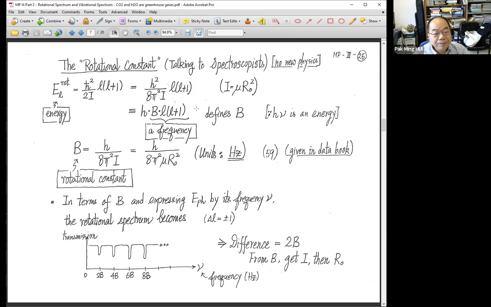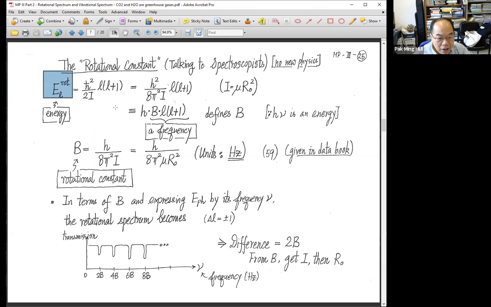And now, you don't want to carry that much stuff with you, so you call this combination, one factor of h divided by 8 pi squared I, okay, and I has mass and R squared in it. Nonetheless, if you factorize this out, this B must be a frequency, right?